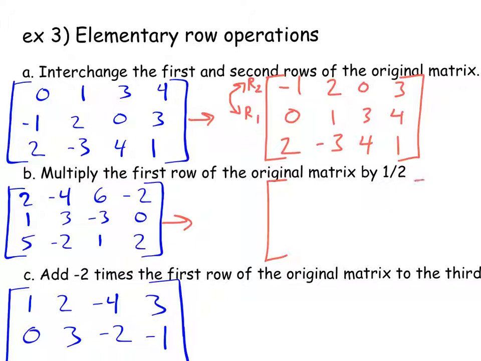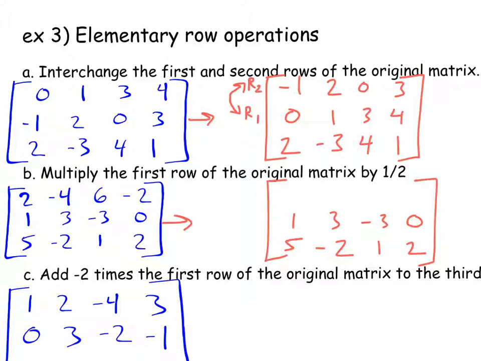All right, here my constant is a half. I've got a new matrix to start with, but I want to multiply the first row by a half. So I always write in the rows that are not affected. That would be 3 and 2.